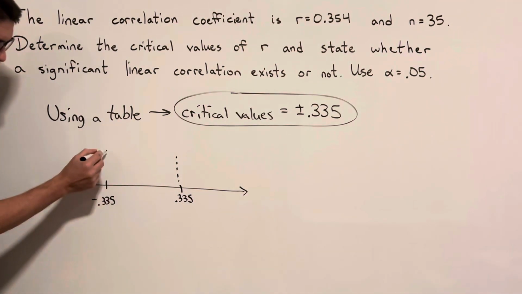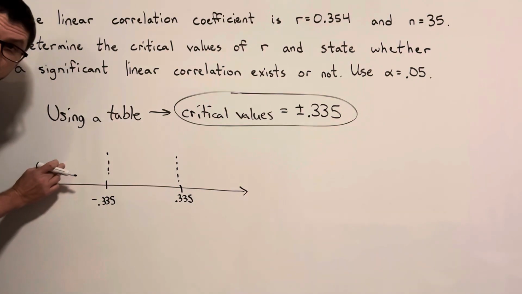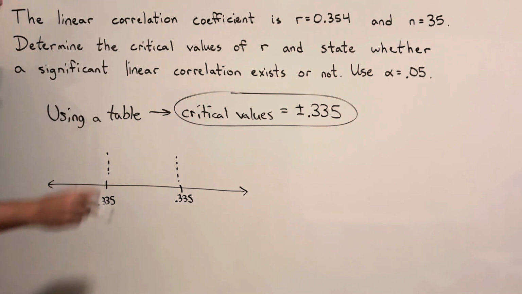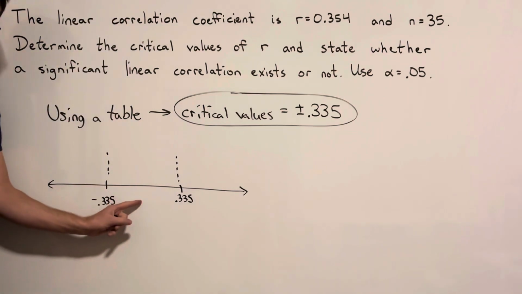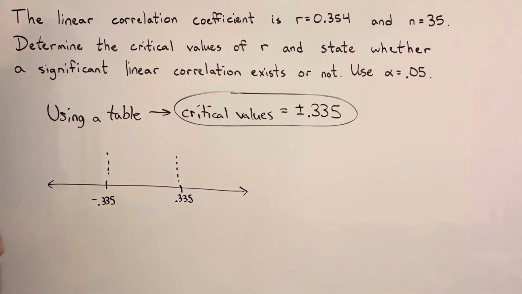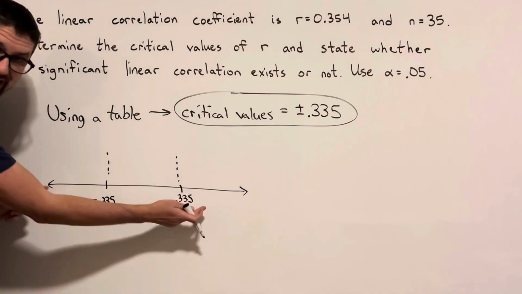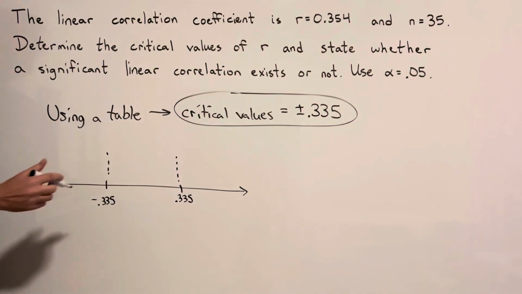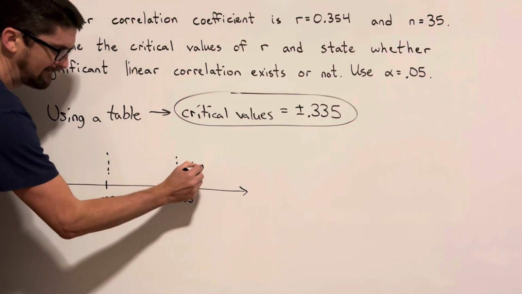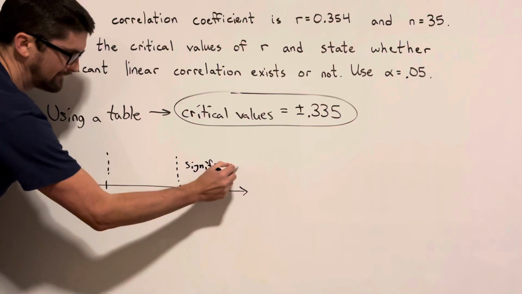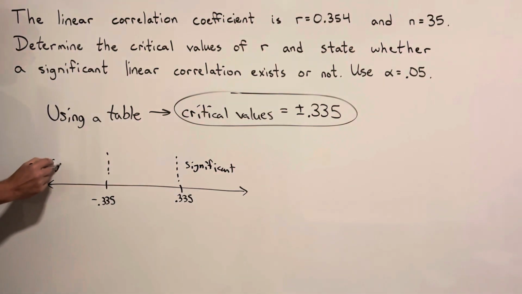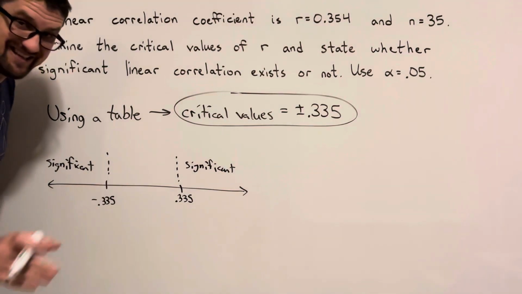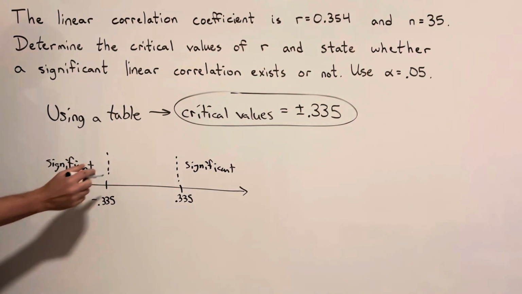This separates the number line into 3 regions. So we're going to take the R up there and determine which region it's in. If it's in the outer regions here, it is a significant linear correlation. If it's in the middle region, it is not a significant linear correlation.